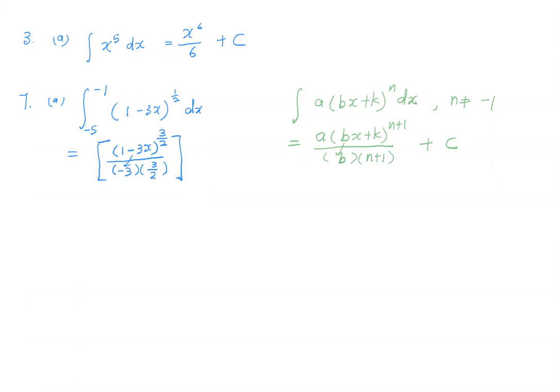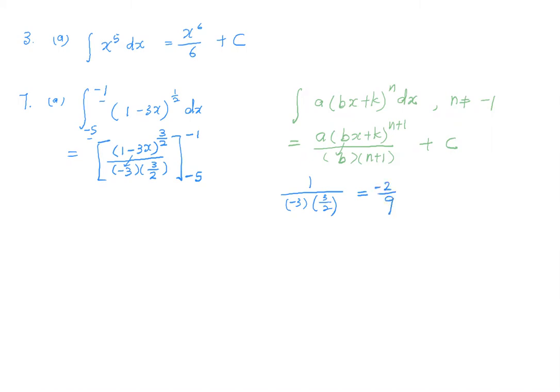Since this is a limit here, we put the number here and here. So you can simplify the number, that is 1 divided by -3, then divide by 3/2 using your calculator. The calculator will give you -2/9.